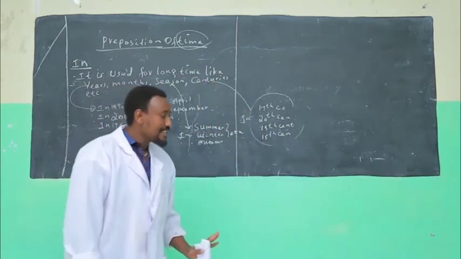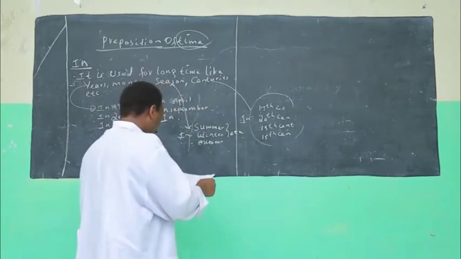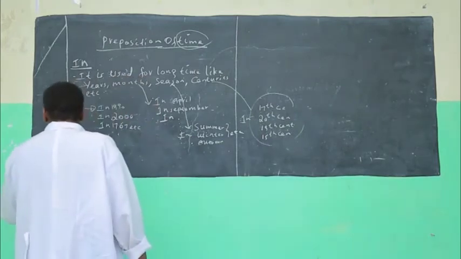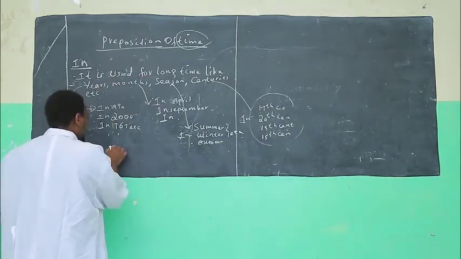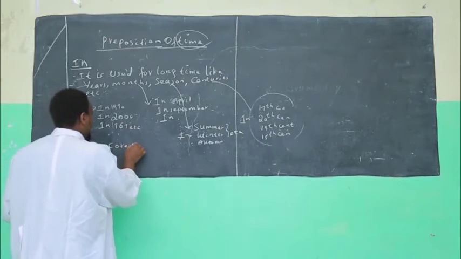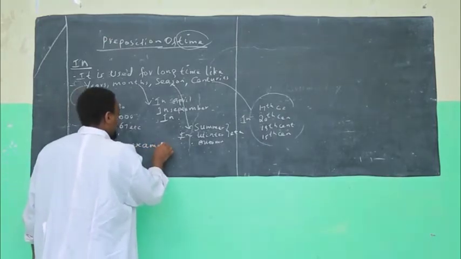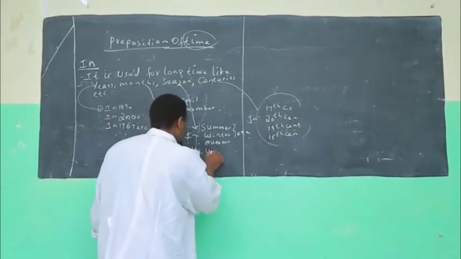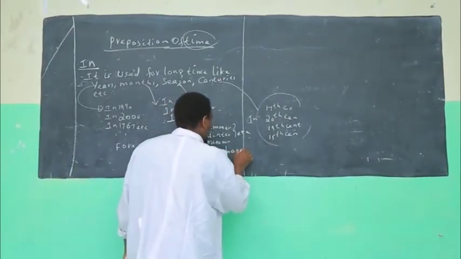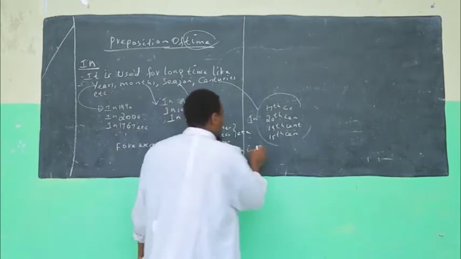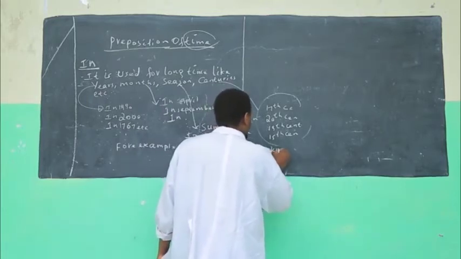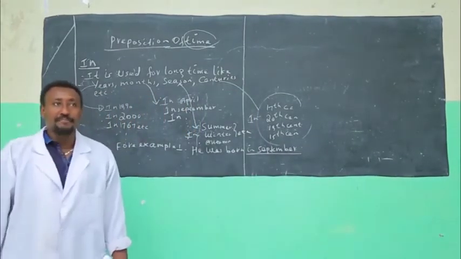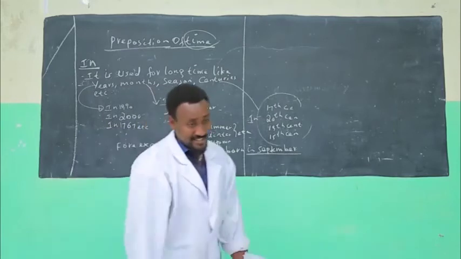Now let me give you a typical example, and I will give you activities. For example, number 1, he was born in September. We are using "in" here because we are dealing with long periods.